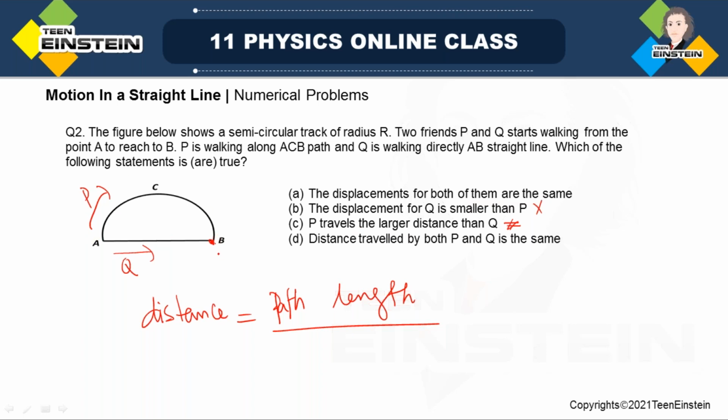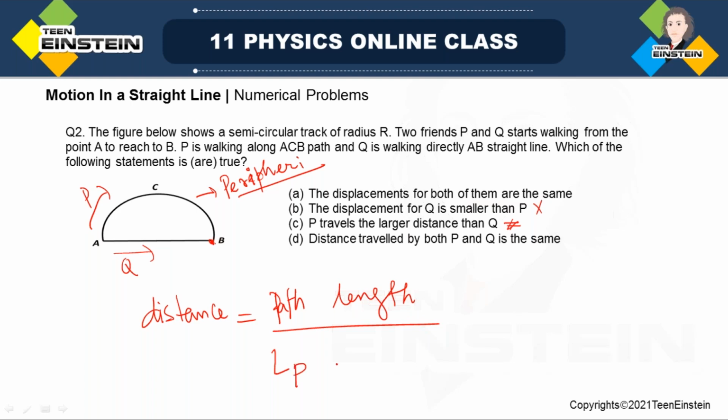If somebody is going this way, A to B, then what is the path length? This is the periphery of the semicircle. So how to find out the periphery?